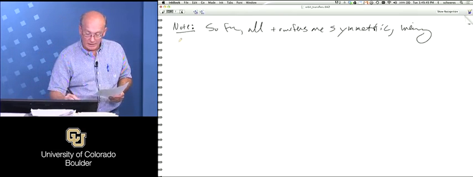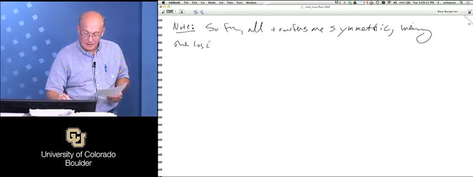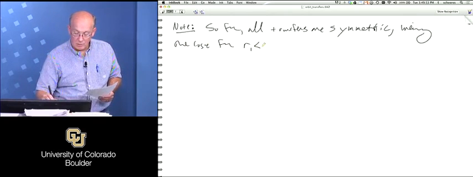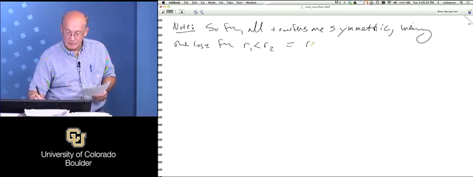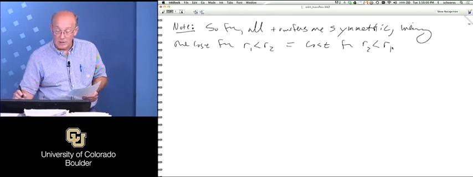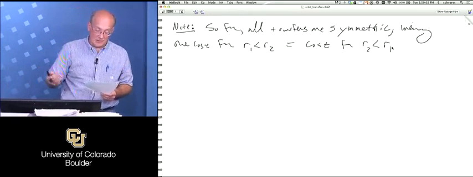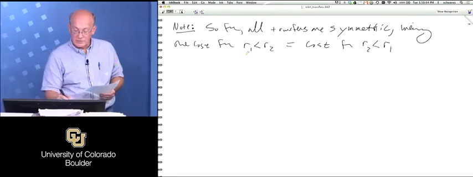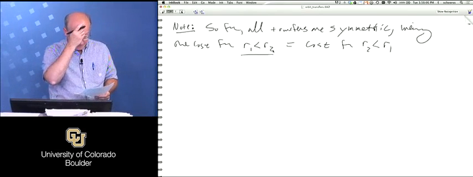Meaning the cost for R1 less than R2 is equal to the cost for R2 less than R1. We just switch these guys around. The cost is going to be exactly the same.